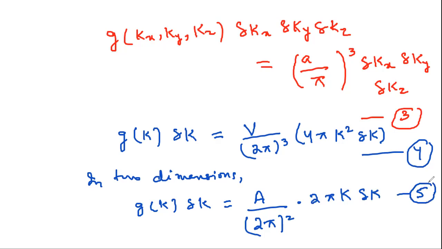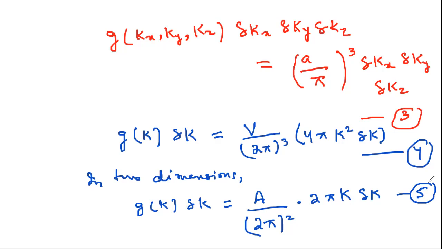What is this? This is the density of states function. The left hand side is the number of states with K values between K and K plus delta K for a particle which is confined in a sheet of area A. So capital A here is the area of the sheet in which the particle is supposed to be confined.